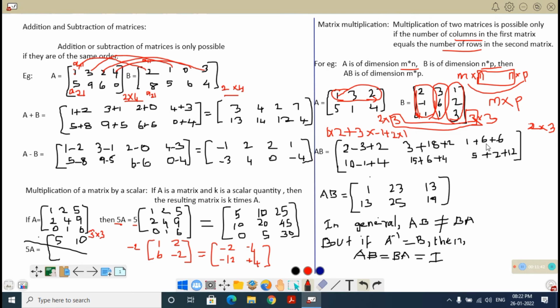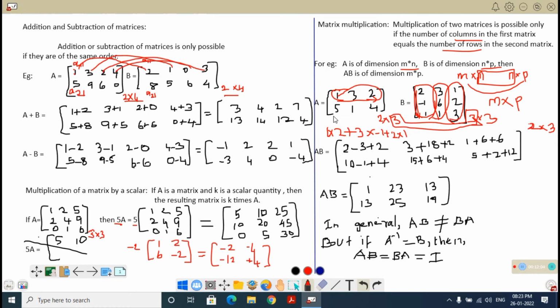Next, coming to the third column. Again, first into first, 1 times 1, 3 times 2, 2 times 3. Finished. So first row first column, first row second column, first row third column, sum of the product of the corresponding terms. Finished.